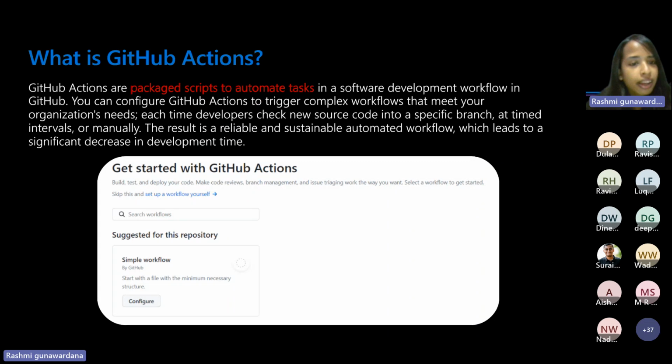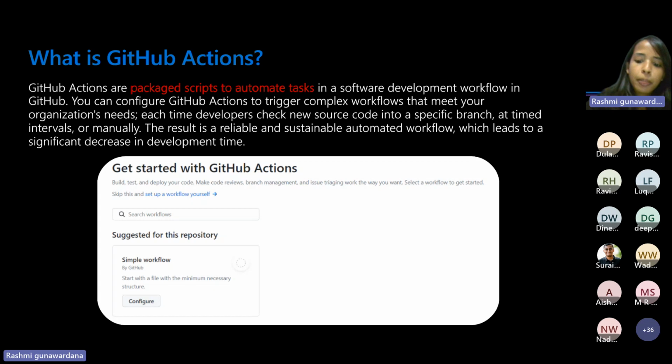GitHub Actions consists of packaged scripts to automate tasks in the software development workflow in GitHub. We can configure GitHub Actions to configure our workflows, and we can basically build, test, and deploy code using GitHub Actions. We can also manage our code reviews and our branches.